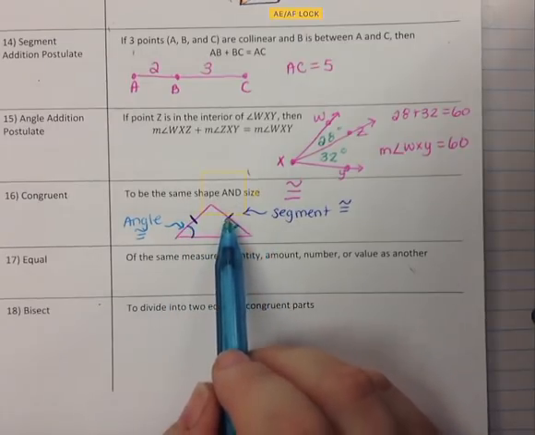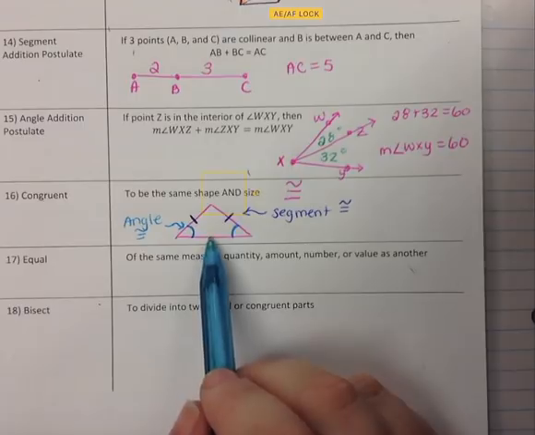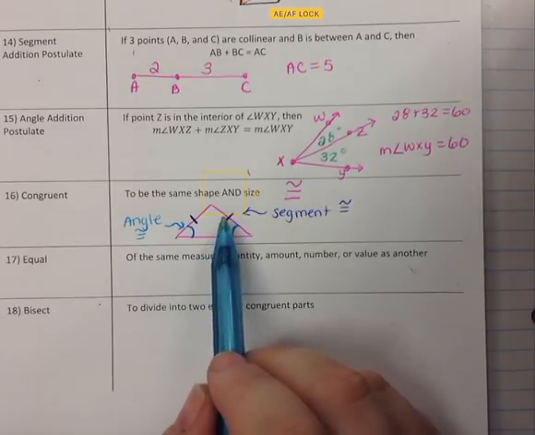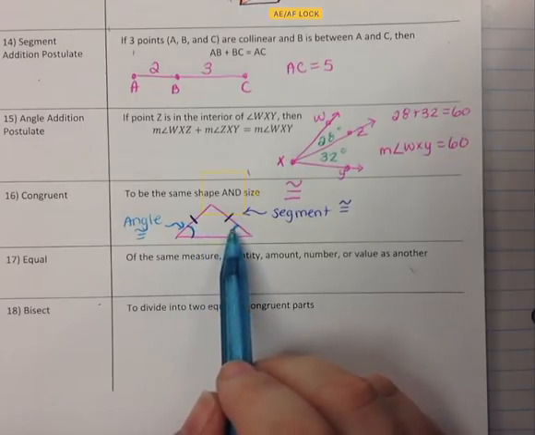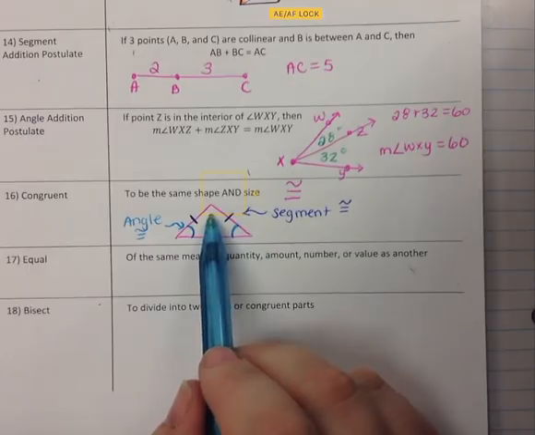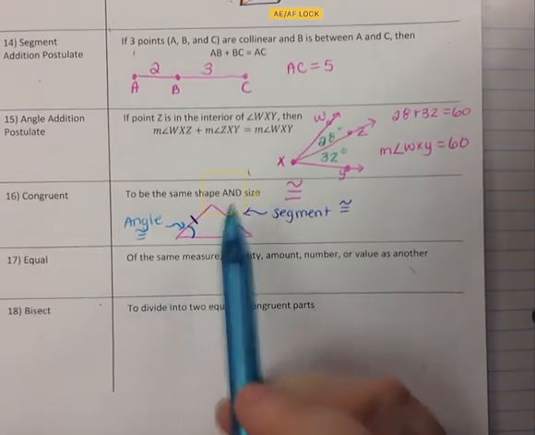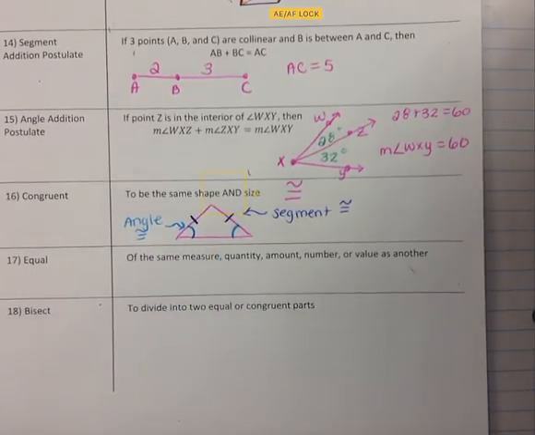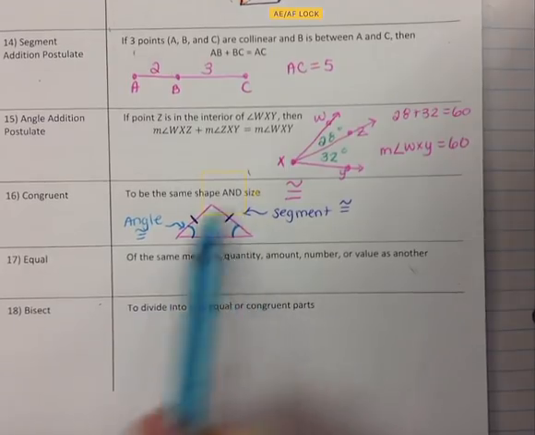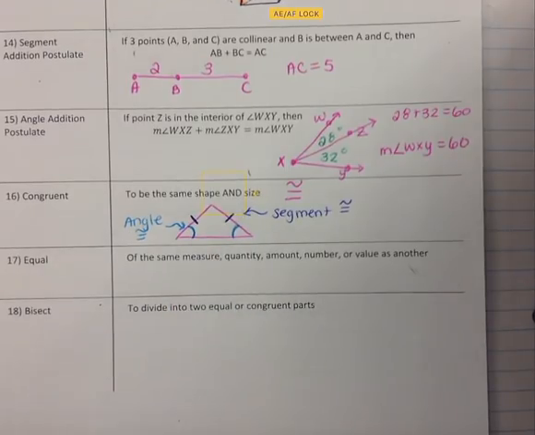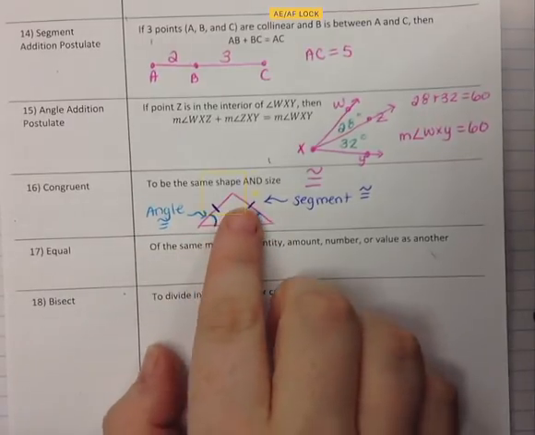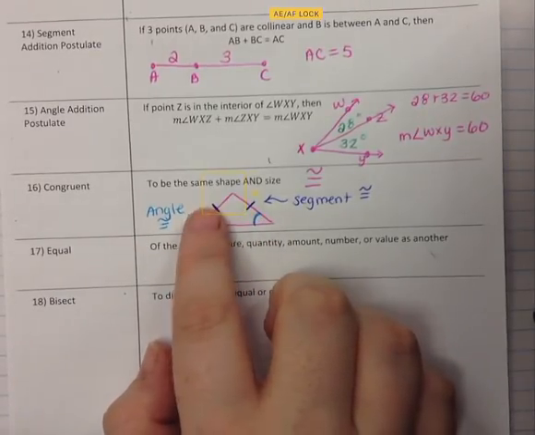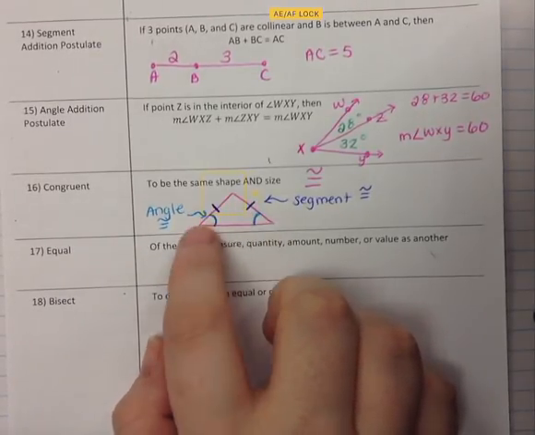So if I have one tick mark, 2 tick marks, 3 tick marks, I would have 1 arc, 2 arcs, 3 arcs. I would have to have the same amount of arcs as I do tick marks, as long as I'm dealing with the same triangle. So these are the symbols we use for congruency for sides and for angles.